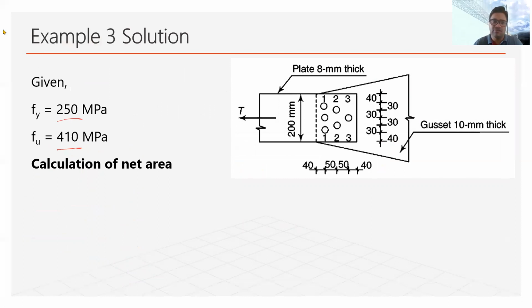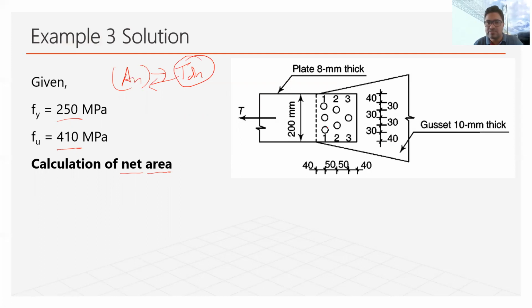Because this AN will be required to find the TDN, which is the strength of the plate in rupture. To calculate the value of TDN, we are required to find the AN value. AN is the net effective area, and now we know the process of net effective area calculation.